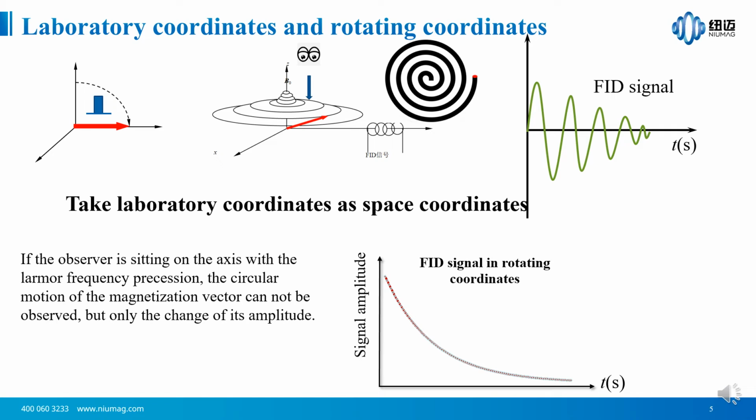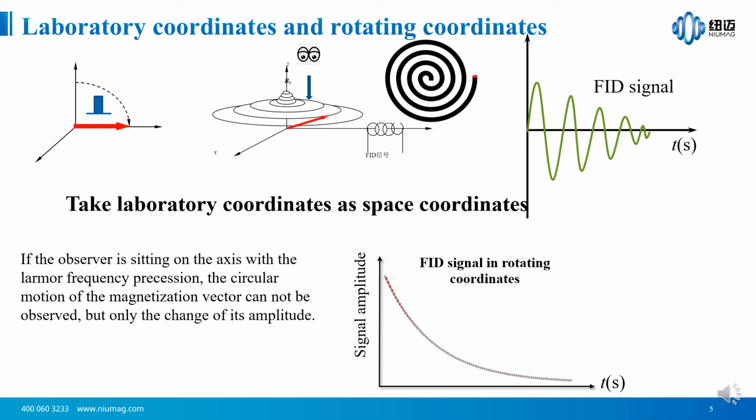The first is that the transverse magnetization vector is moving in a circle around B0 at the Larmor frequency. The second is that the transverse magnetization vector will decay from the maximum value to zero, and the decay process is exponential.